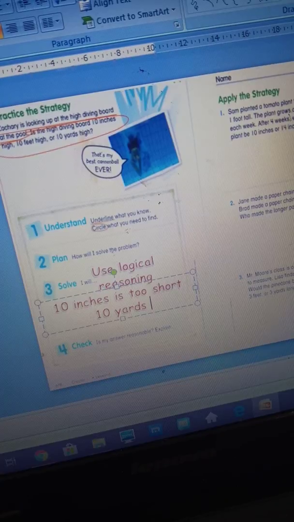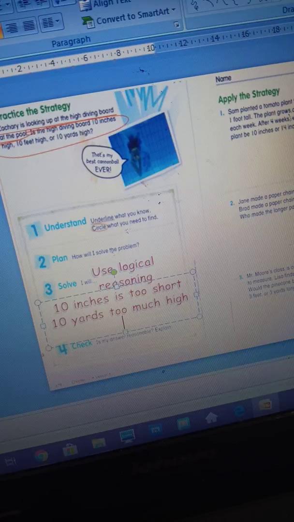It is not, because it is too high. It is so dangerous to dive from 10 yards high, because as children, anything might happen. An accident may happen, so we should be careful.